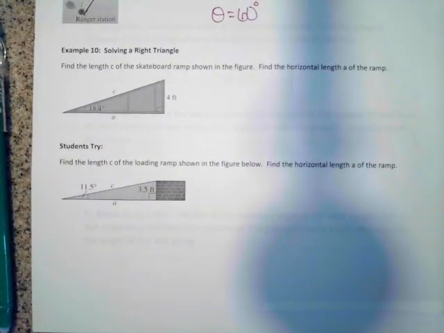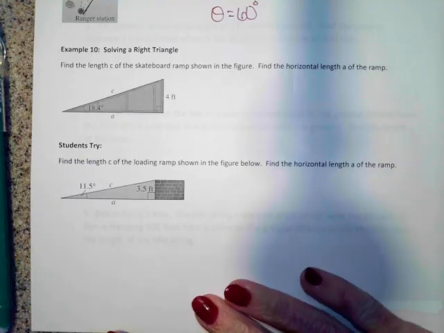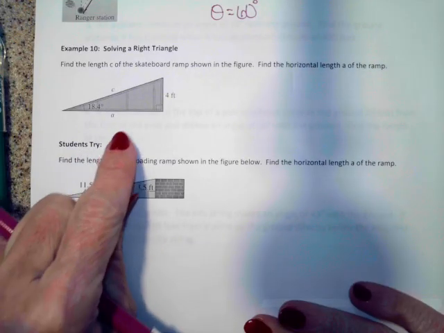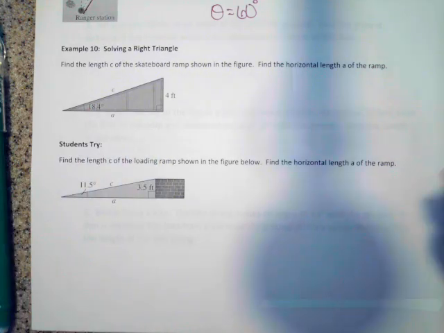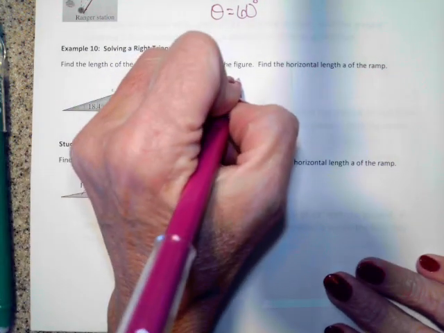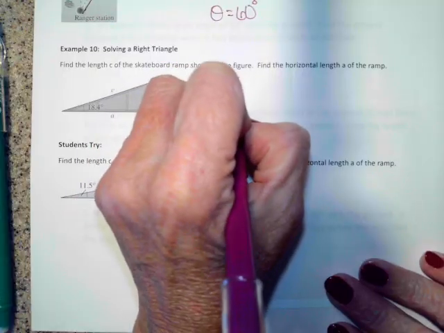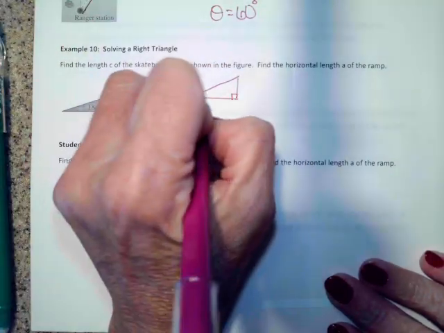Example 10. Find the length C of the skateboard ramp shown in the figure. Find the horizontal length of the ramp. So for this problem, we actually have two things we need to find. We need to find A and we need to find C. So let's look at the problem two different times.